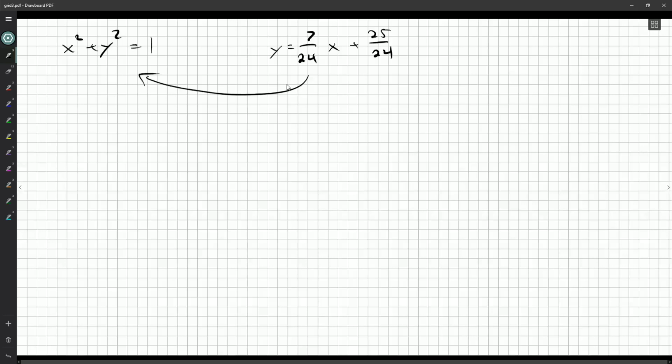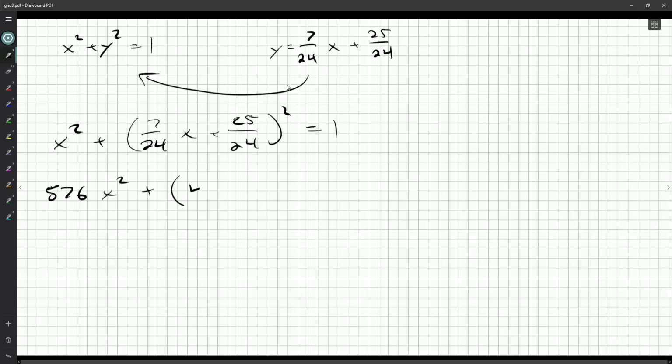But, yeah, we get x squared plus (7/24 x plus 25 over 24) squared is equal to 1. I'm going to multiply both sides by 24 squared, so we'll get 576 x squared plus 49x squared plus 50 times 7, so 350x plus 625 is equal to 576. Oops, no bracket there.